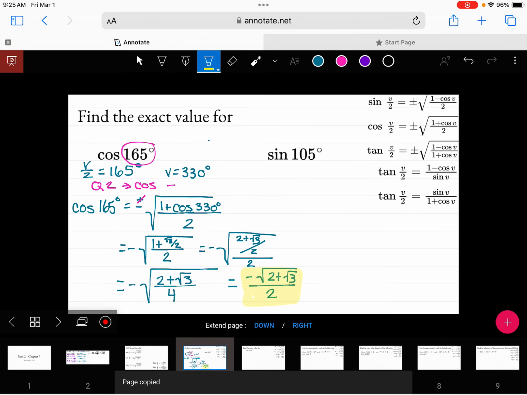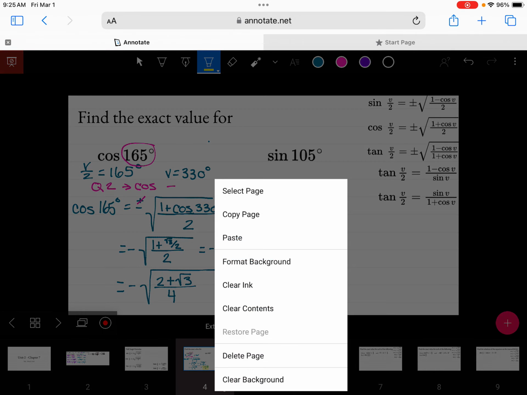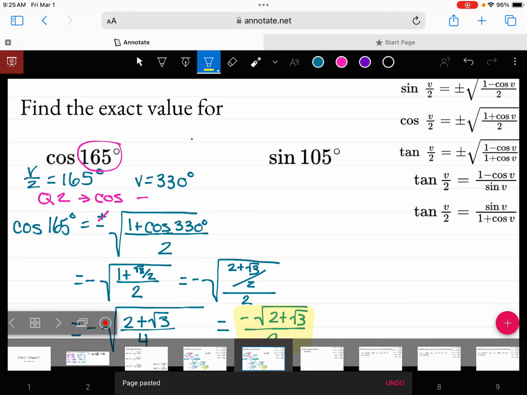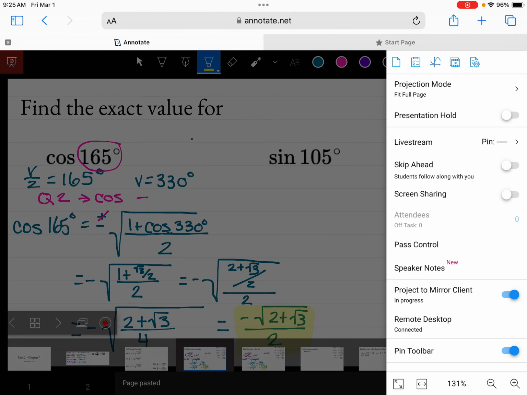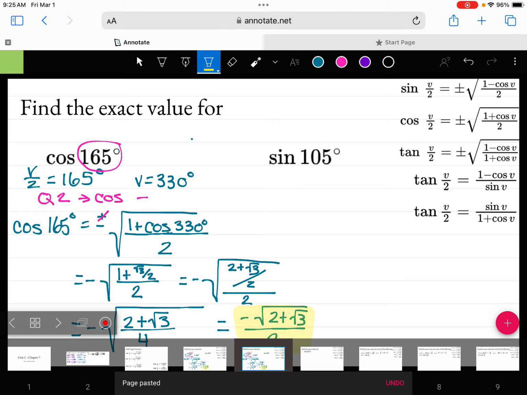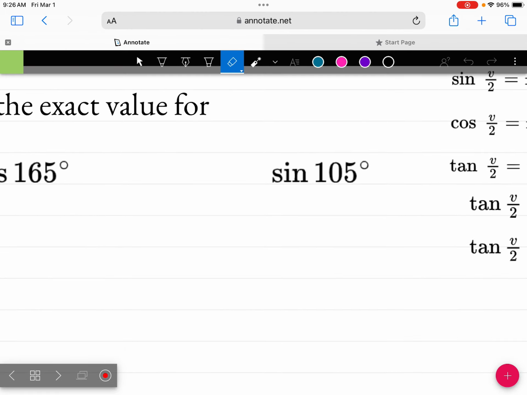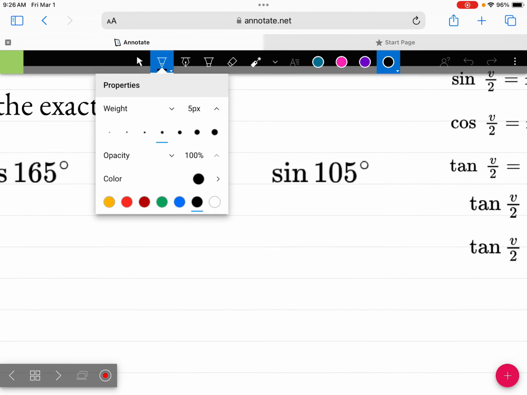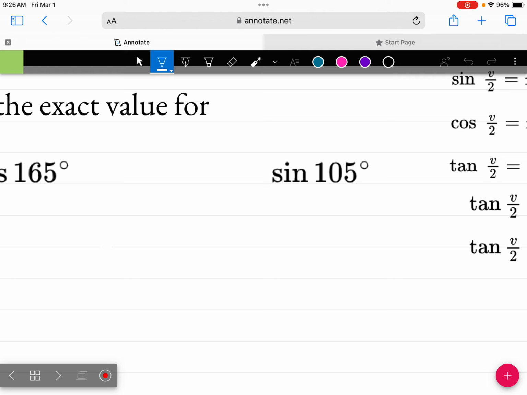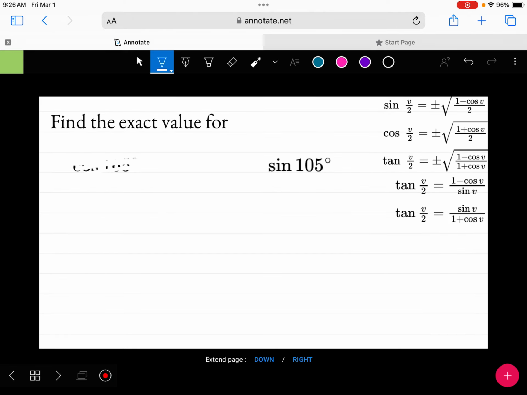And I'm going to give us a blank page to do this again. Got that? Okay. All right, so now we're going to look at this sine of 105. I'm just going to give us some blank space.